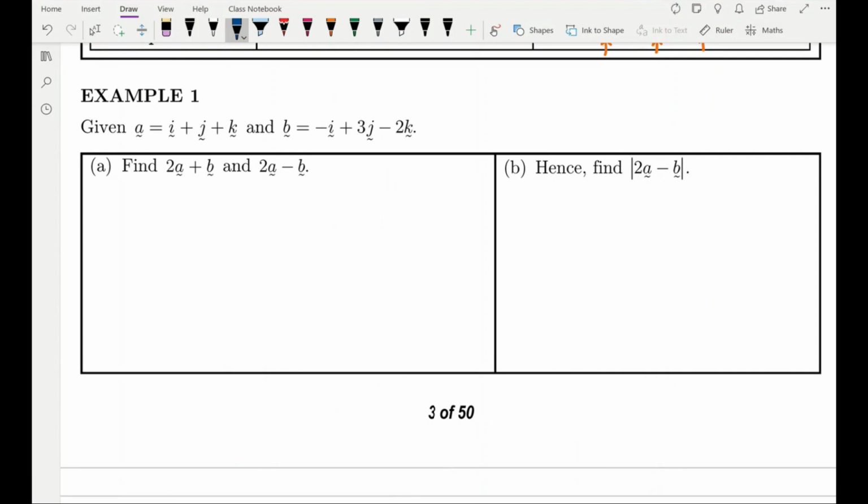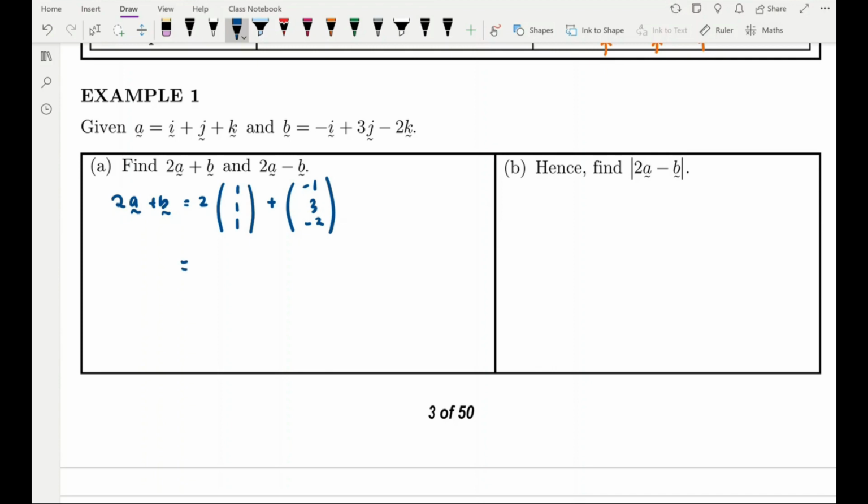Example 1. Given A is 1i plus 1j plus k, and B is negative 1i plus 3j minus 2k. So how to find 2a plus b? We can write the vectors in the form of matrices. That means 2a, where A is 1, 1, 1, and then we plus b, where B is negative 1, 3, and negative 2.